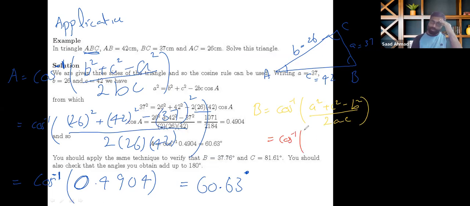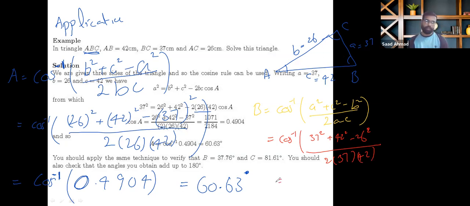A is 37, C is 42, and the denominator will be 2 times 37 times 42, right?